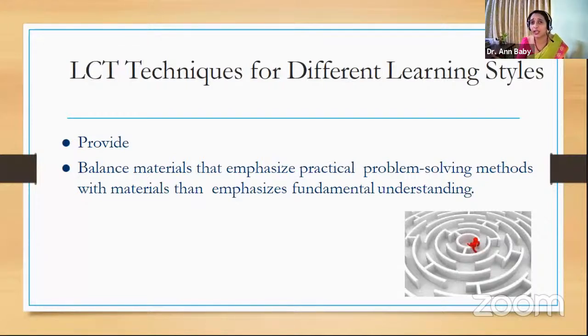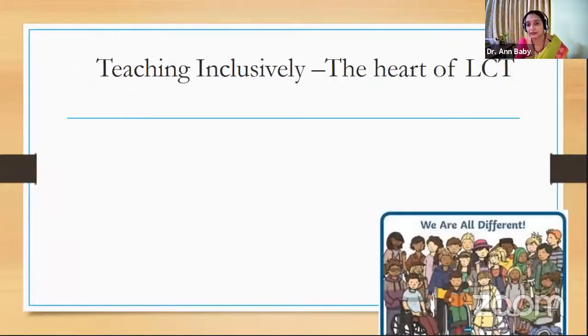Take them out to the environment, to the field, to the community, to an organization, let them feel it, let them sense what is happening over there. Let them do an experiment. Use a lot of computer assisted tools. Nowadays, many things are available. Use a lot of sensory equipment. See that you play a role in LCT such that all the learner styles are accommodated in your class.